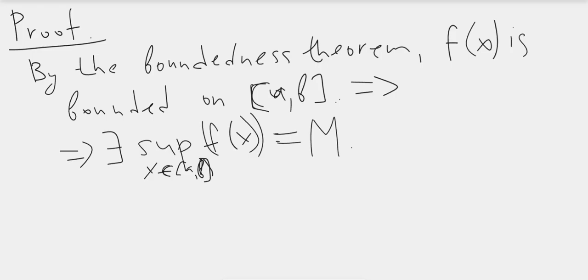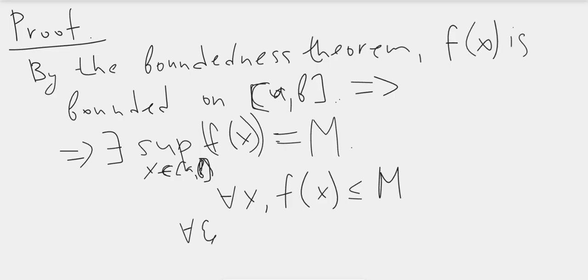Now the fact that it is a supremum means that f of x is less or equal than m for all x, but also for every epsilon greater than 0, there exists such x that f of x is greater than m minus epsilon.